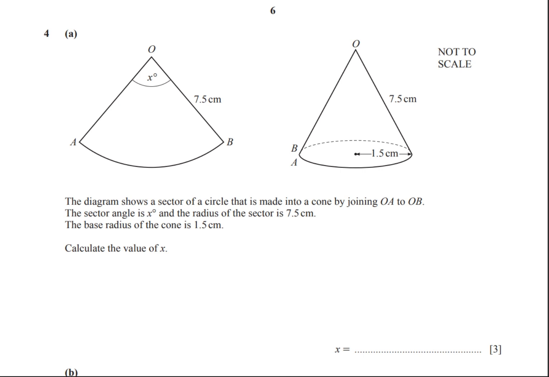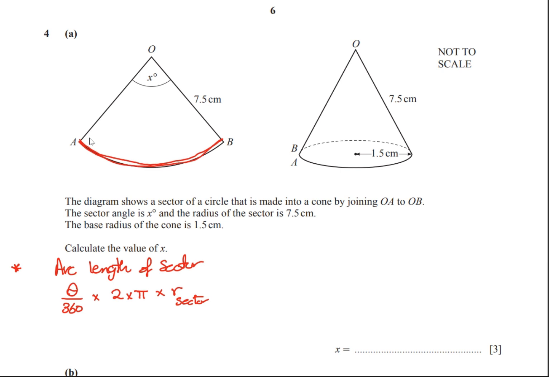We have to know very important information here: whenever I have a sector and it becomes a cone, something should come directly to my mind in the exam, which is that the arc length of the sector, which the rule is theta over 360 multiplied by 2 multiplied by pi multiplied by the radius of the sector, this part.